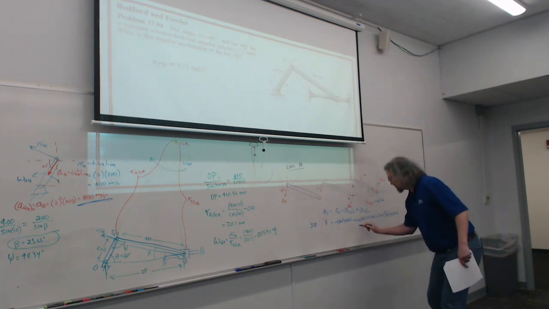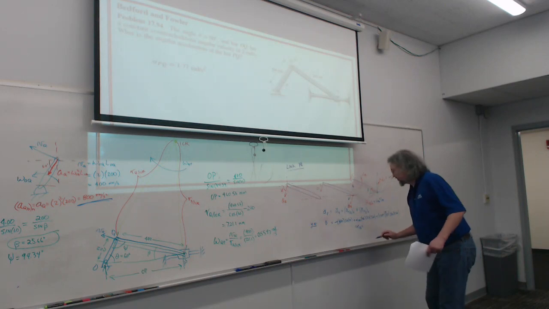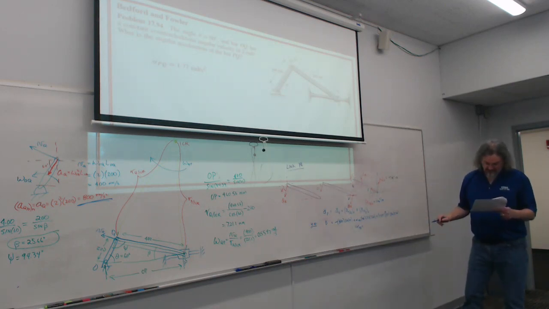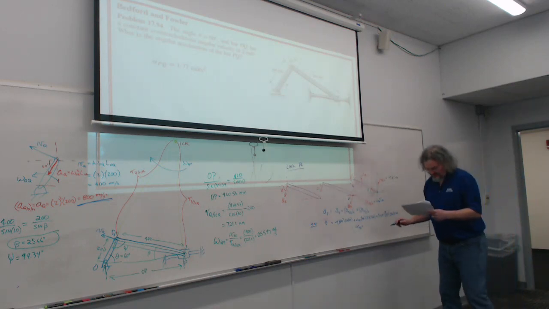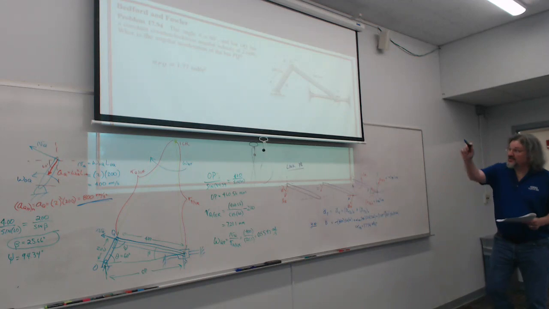If we did all this right, alpha PQ we can solve for. It's probably going to be positive. We get 1.7734 radians per second squared. Hey, that's the answer.